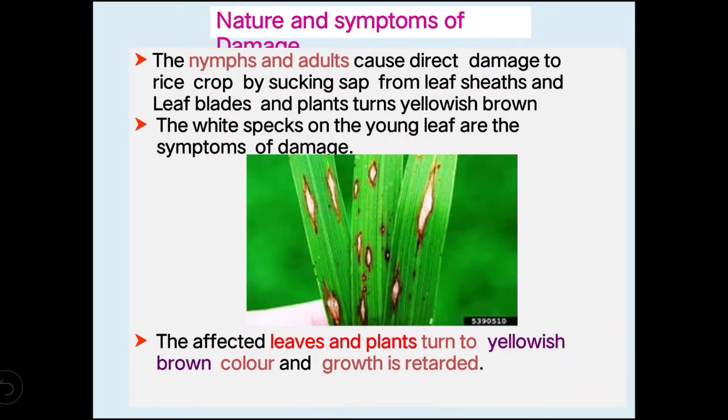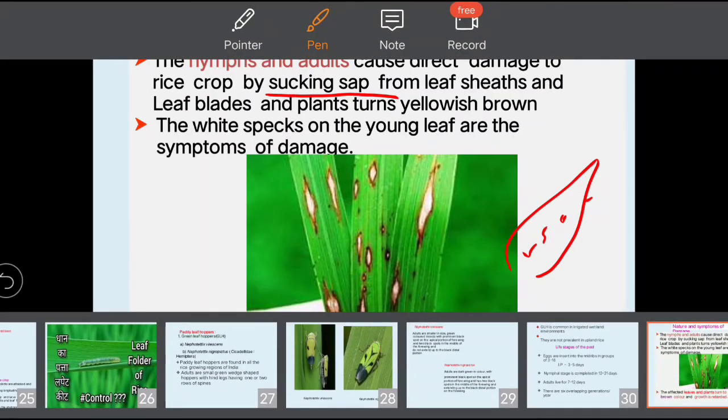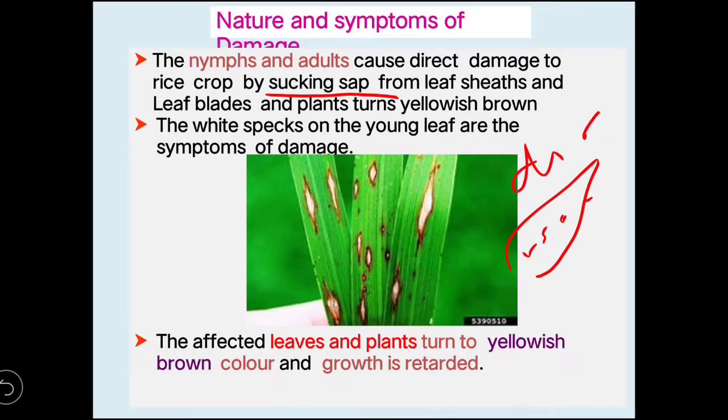The nymphs and adults cause direct damage to the rice by sucking the sap. Suppose this is the leaf, they will suck the sap from the leaf. This is the direct damage. And indirect damage, can anyone say what it is? The green leaf hopper causes indirect damage by causing a disease.